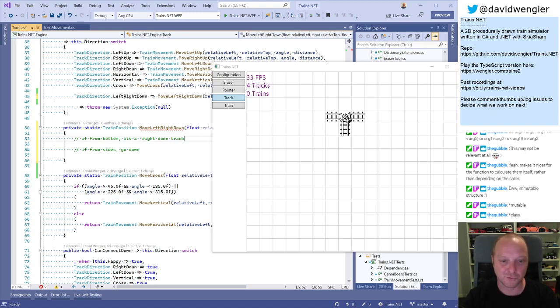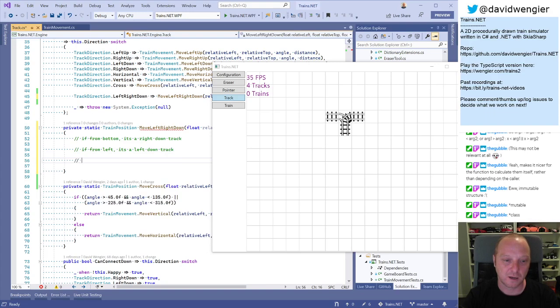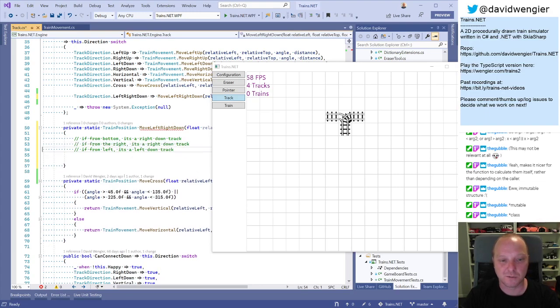It's a right down track. If from the left, it's a left down track, and if from the right, it's a right down track. Okay, so 2 states where it's right down and 1 where it's left down.